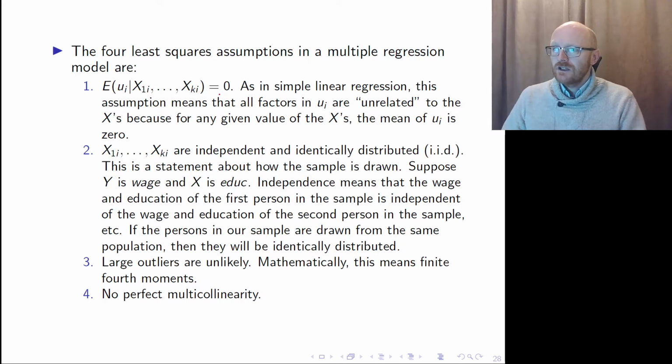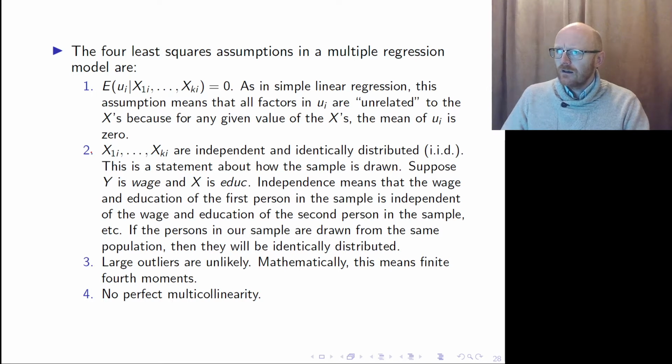This is just to say that no matter which level these x variables are at, the expected residual around the fitted line should be 0. So the residuals should be centered around the sample regression line.